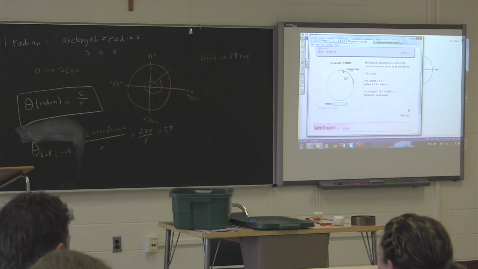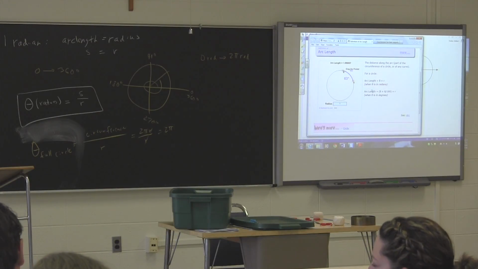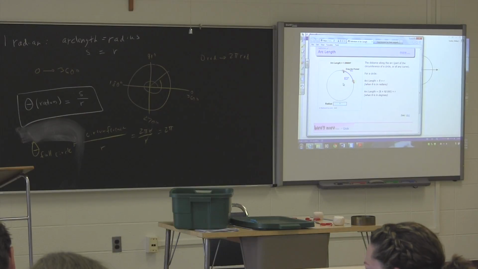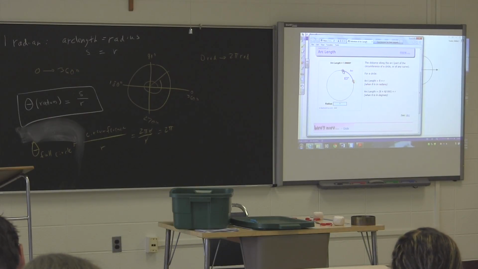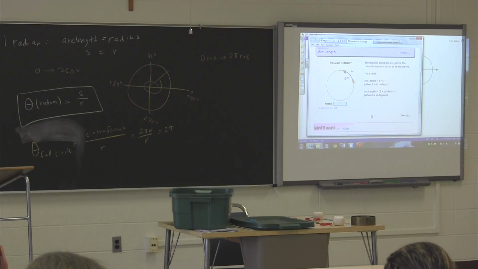So you can drag the points here to demonstrate an arc length. So if we wanted to make an arc length of 1, you just move this around until it reads something close to 1. And that would be an arc that is 1 radius long. If we go to a 2 arc length, drag it around.